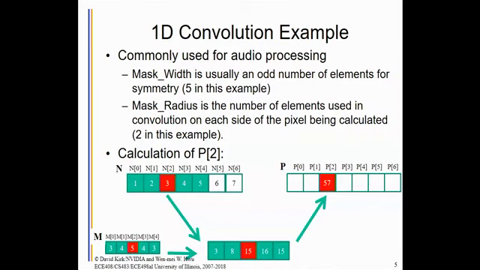Let me see, 3, 8... Oh, so these are the partial products. Then we add them all up as the inner product, and we get 57. So this is one dimension.